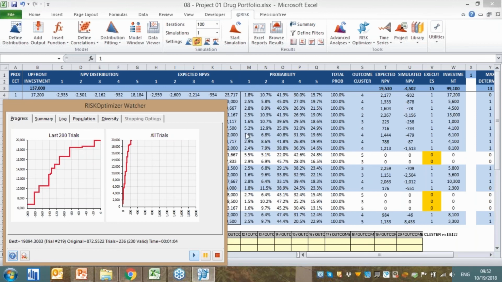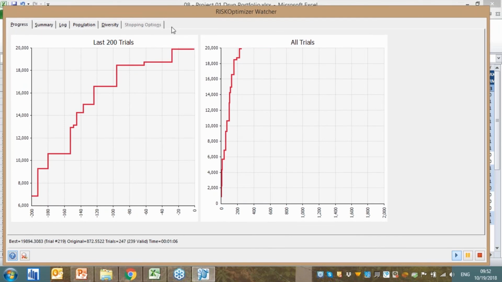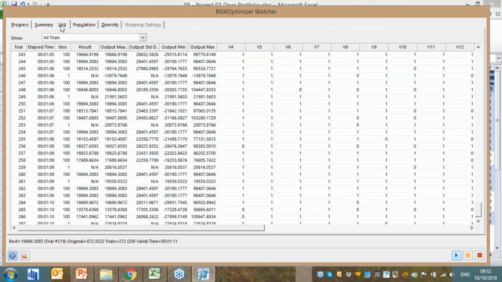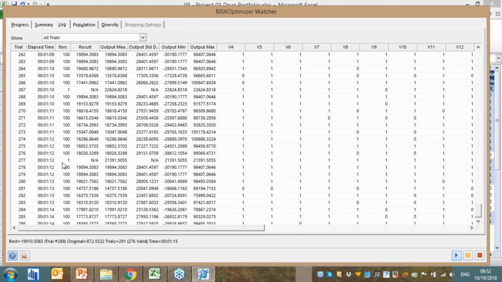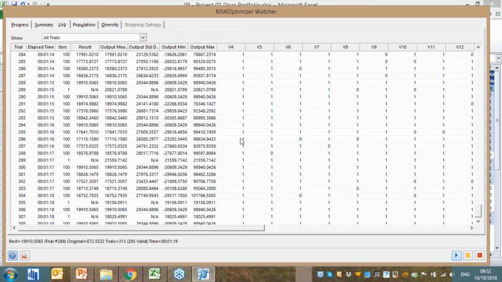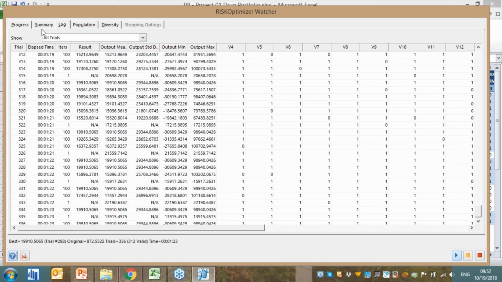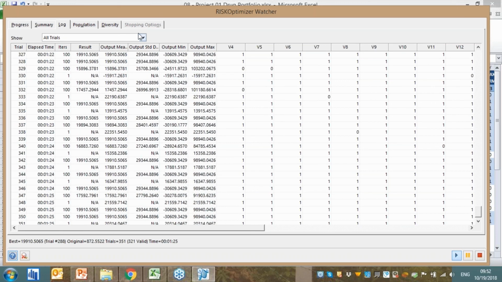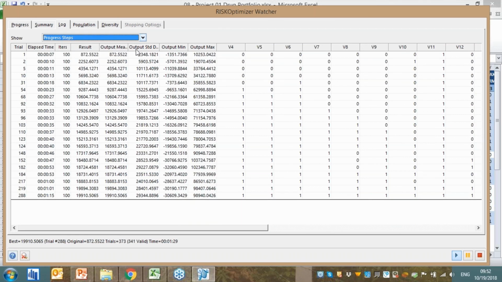Now I can see all my trials. Let me stretch my watcher window over here for you to see all the trials that have been tested. Every now and then, you'd see that there are none available or error created lines. That is because the software is not complying with one of the two constraints that I have. I could focus on all the trials, or only on those trials that eventually make it better than the previous ones.